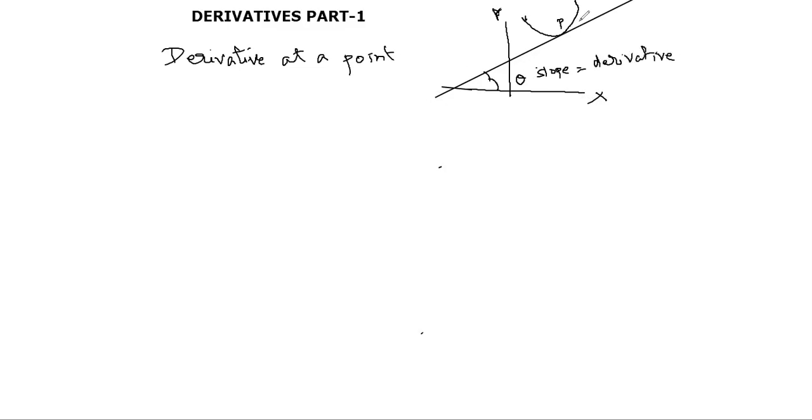So what is the derivative at this point? Derivative is denoted by f dash. Suppose you have to find the derivative of a real function at a point A in its domain. So f is a function, its derivative f dash at point A will be equal to limit h tending to 0, f(a plus h) minus f(a) divided by h.